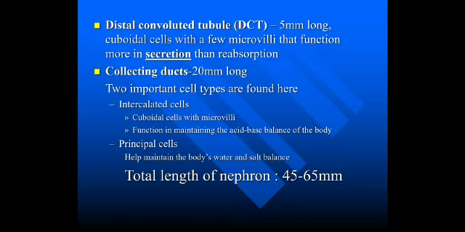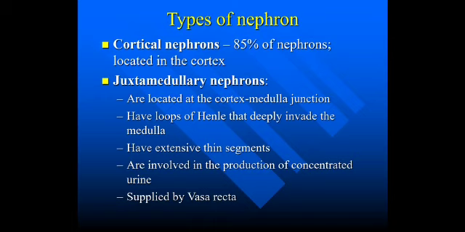As I told you, the length of a nephron is between 45 to 65 mm. The types of nephrons, as I told you already: cortical nephrons are 85%, whereas the juxtamedullary nephrons are located at the junction of the cortex and medulla, have a long loop of Henle, deeply invade the medulla, have extensive thin segments, and are involved in production of concentrated urine.